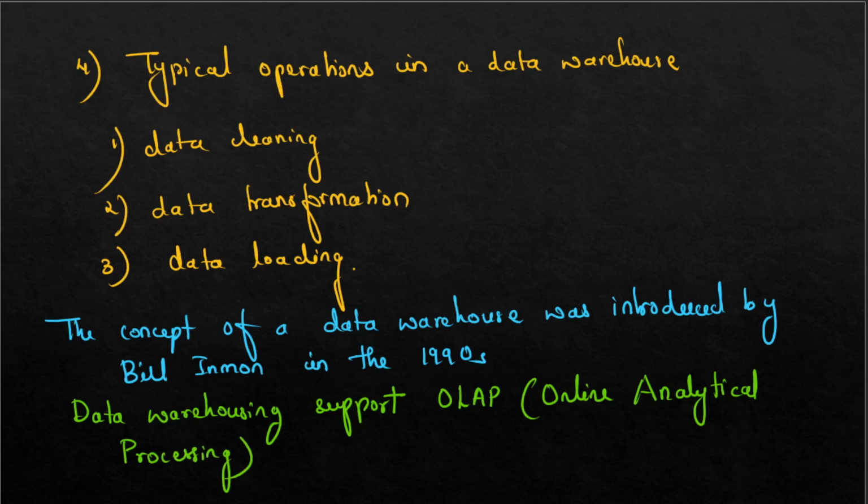What it does is allow users to analyze data from multiple database systems at once. So that is online analytical processing. Alright everyone, I hope this question is absolutely clear. From all the options this is clear. Now let's look into the next question.